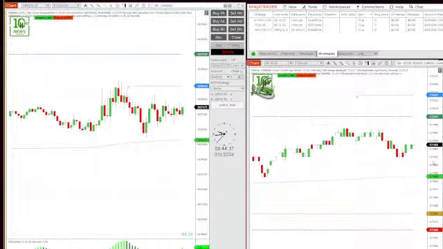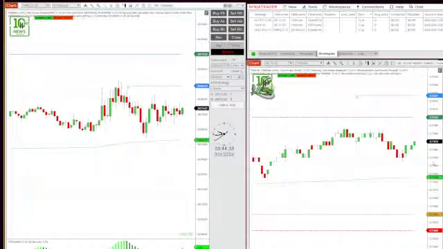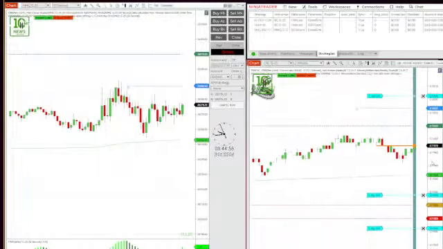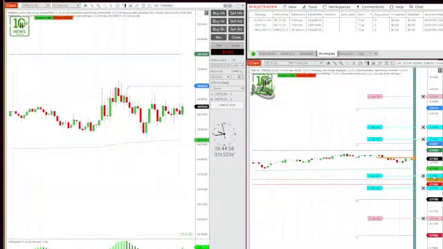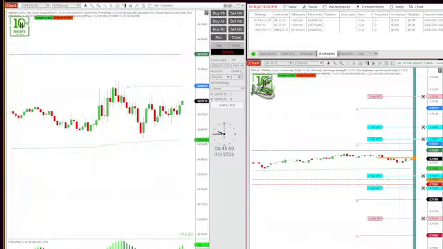The question is, hopefully it won't be more than 50 ticks. If it's more than 50 ticks, it'll stop me out. Here come our orders. Here comes the news.